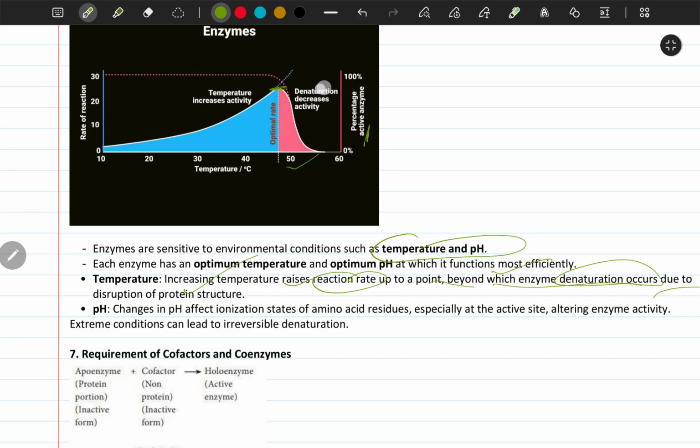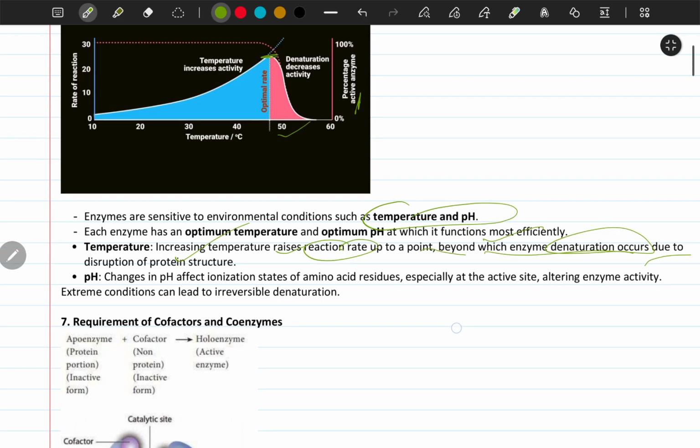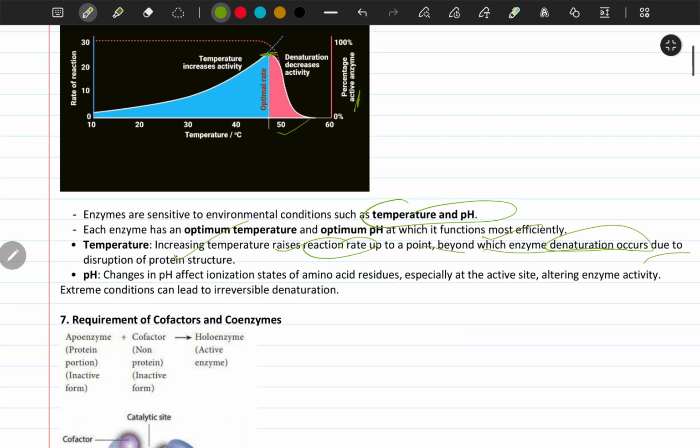Because of disruption of protein structure. pH changes affect the ionization state of amino acid residues, especially at the active site, altering enzyme activity.